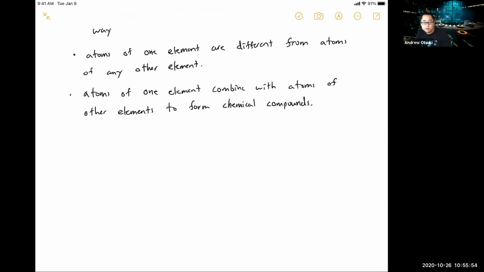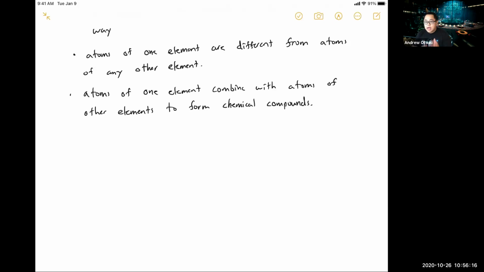They shouldn't have the same mass as another element, because that would mean they would be the same, but in fact they are not, because they have different identities, and we can identify different elements based on their atomic mass.